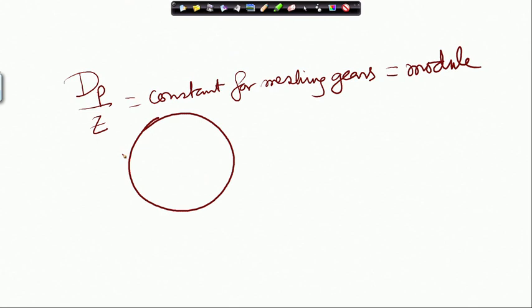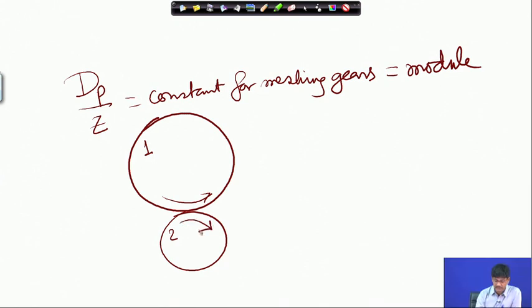So, we express two gears this way, and suppose this is gear 1 and this is gear number 2, and they are in mesh with each other. This has say 40 teeth, Z1 equal to 40 and Z2 equal to 20.